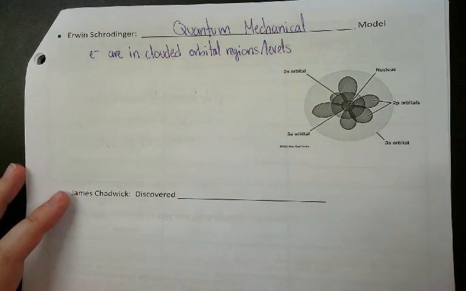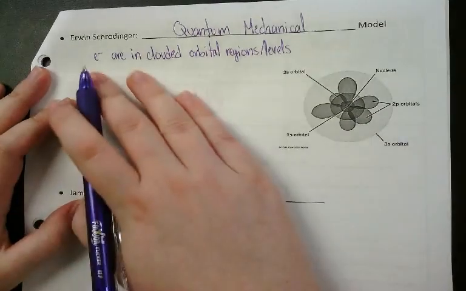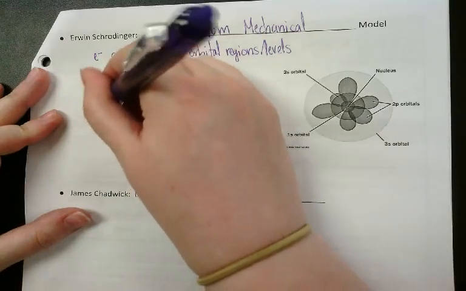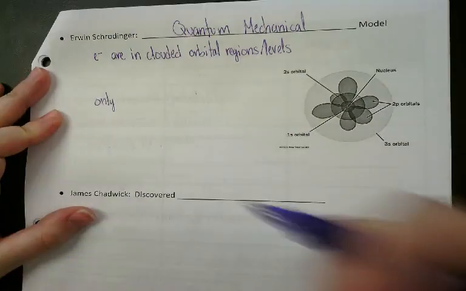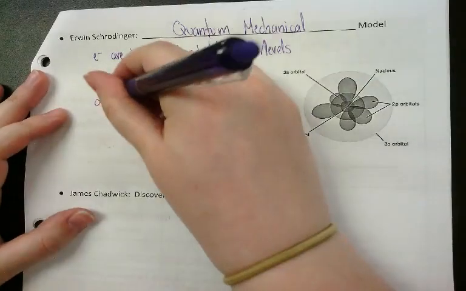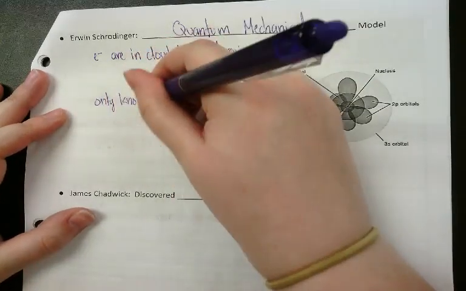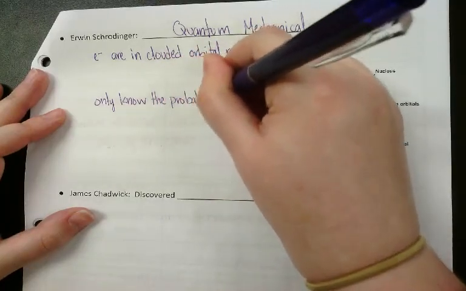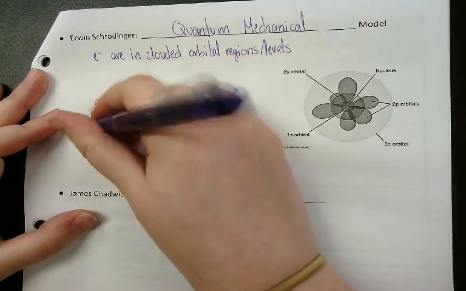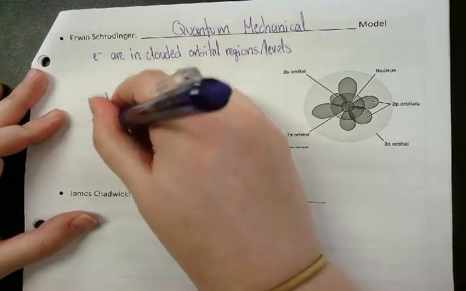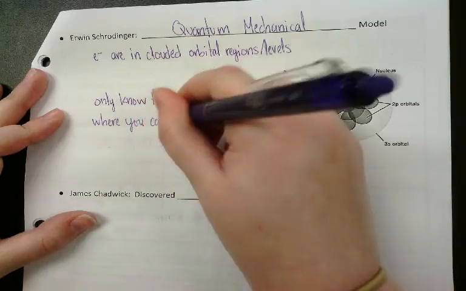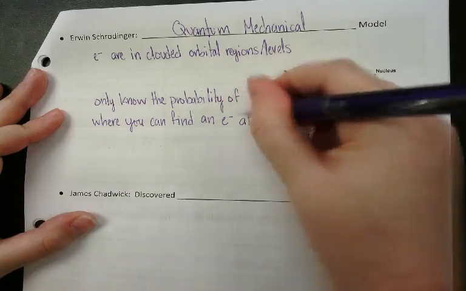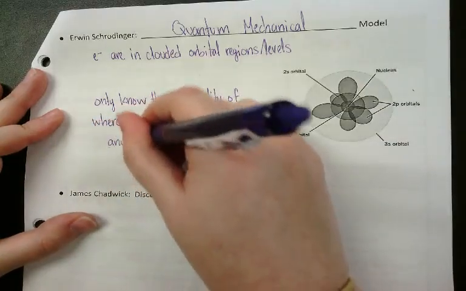Okay? All right. So he said that they're in these clouded regions. Okay? However, there's no way to know the exact location of an electron at any given time. You can only know the probability of where you can find an electron at any given time.